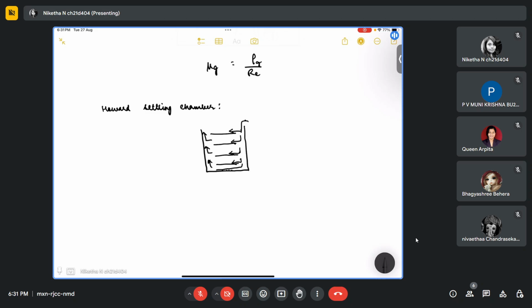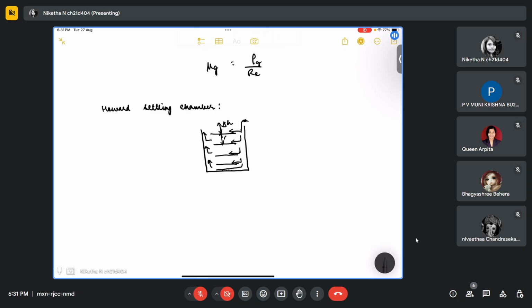So what happens here is when we have particles along with the gas, they don't have to travel the entire height of the chamber. Instead, the height will be slightly reduced. Since there are plates in between, the particles just have to travel for a short distance, which is del h.